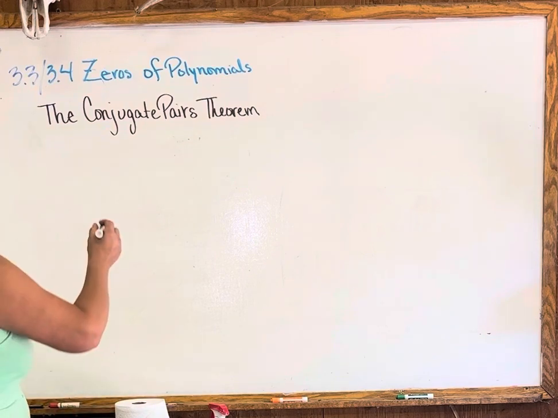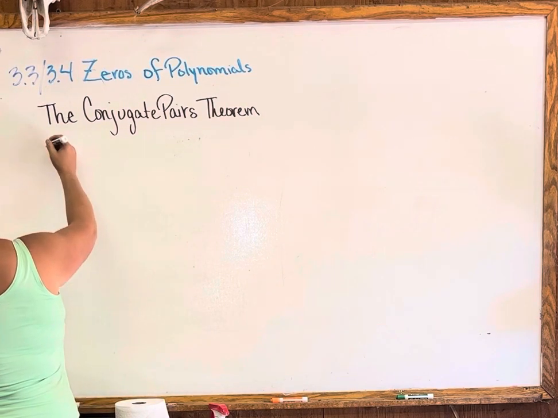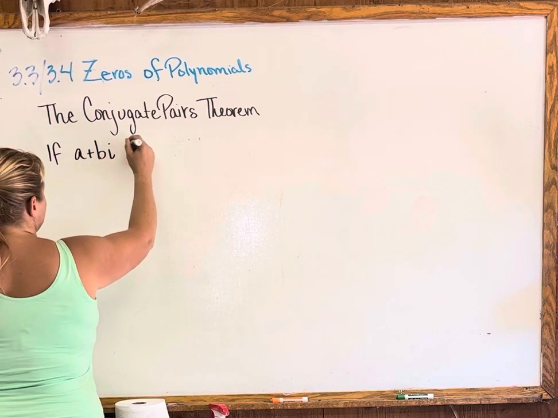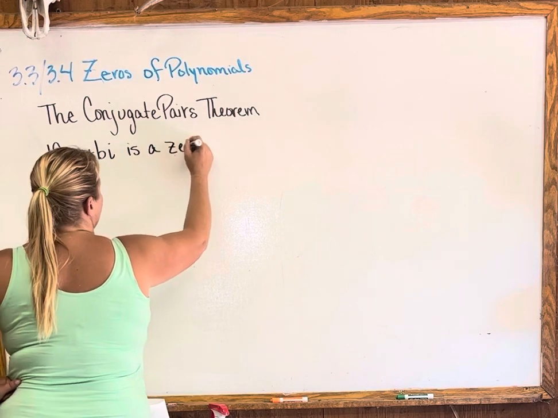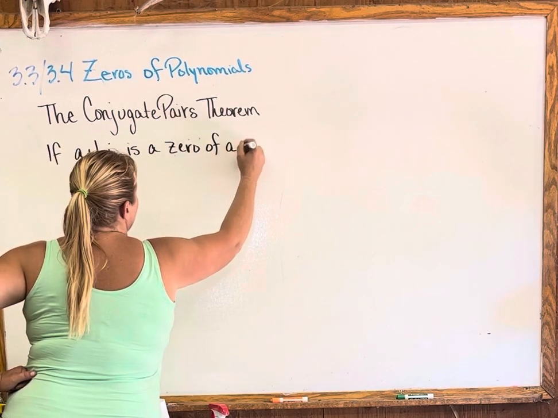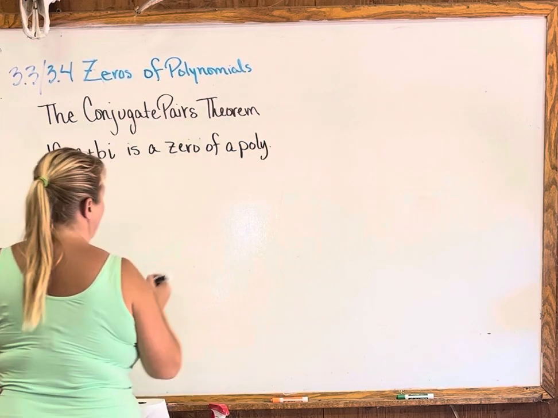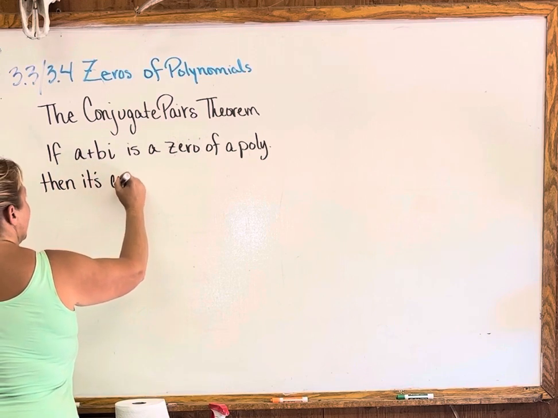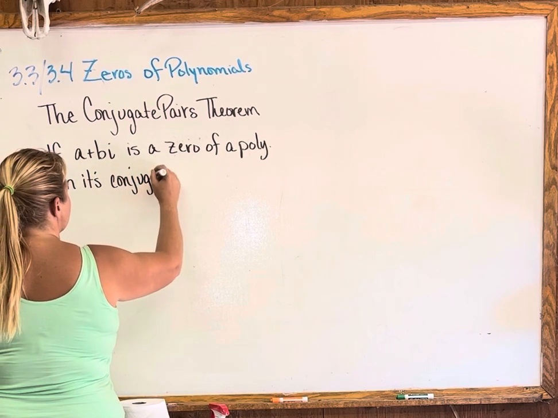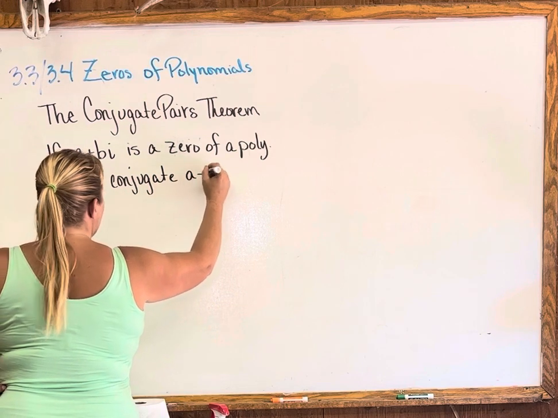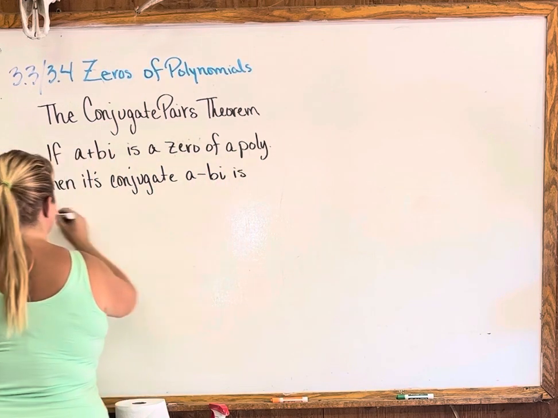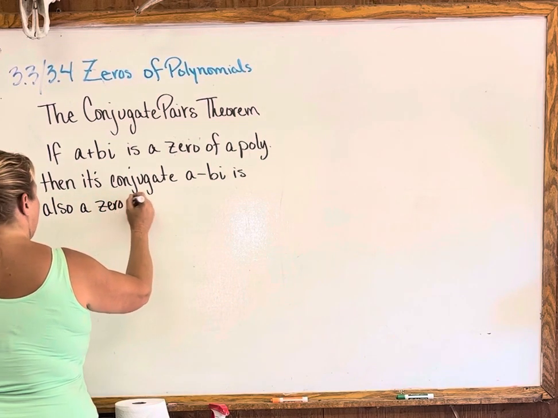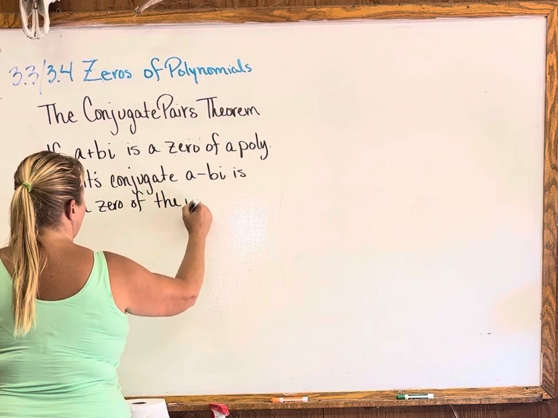The conjugate pairs theorem says if a plus bi is a zero of a polynomial, which I'm just going to abbreviate poly, then its conjugate, a minus bi, is also a zero of the polynomial.